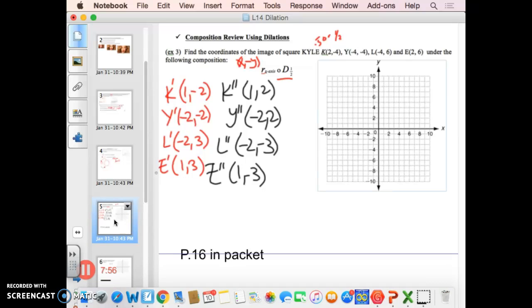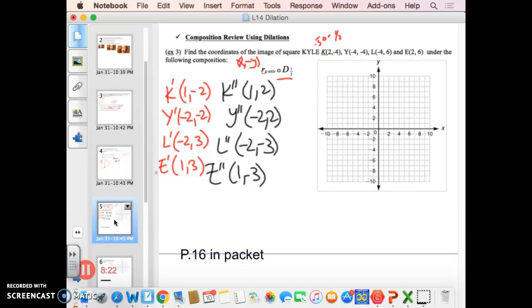So let's go ahead and graph our original shape, which is here at (2, -4). I'm not going to be able to graph it because somehow my board is not working well today. But anyway, these are the new coordinates. What you should notice is that the shape would start out big, probably in the middle here.